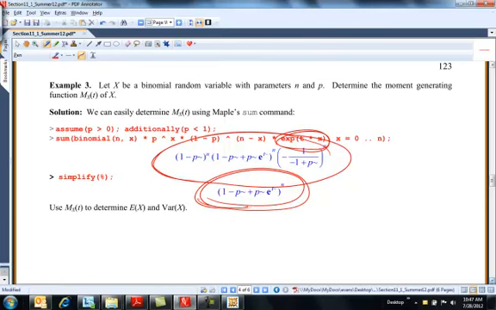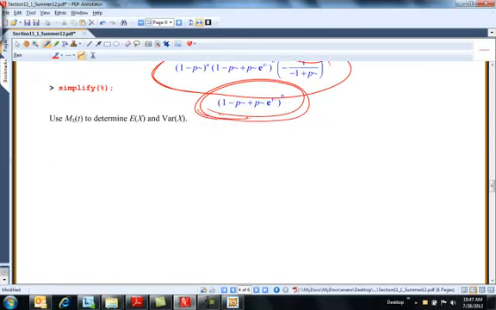And if we want to find its mean and variance, we take the first derivative with respect to t, so this would be n, 1 minus p plus p e to the t, to the n. Why is this bothering me?